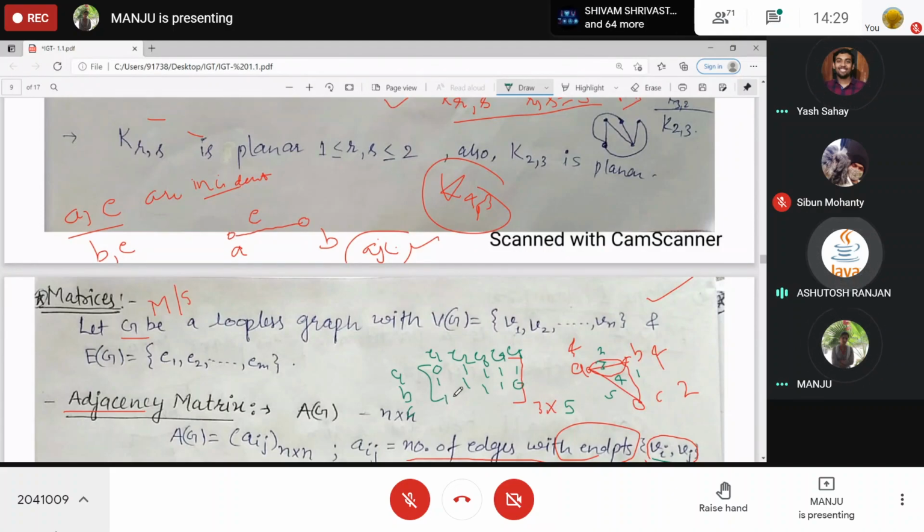One in E1, zero, zero, one, zero, zero, zero, zero, one. Whenever the vertex is an endpoint of the corresponding edge, then you put 1, otherwise 0. Clear?